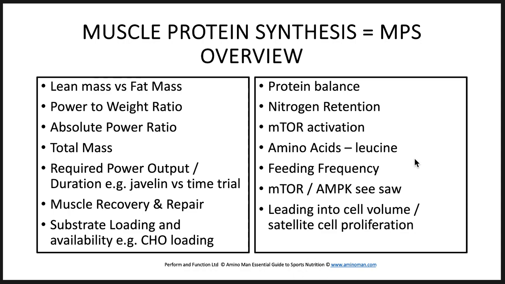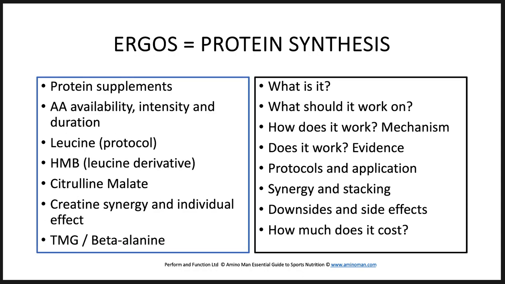And then we're going to be thinking about total protein intake, nitrogen retention based amino acid supplementation, the right kind of aminos for mTOR activation, i.e. leucine, feeding frequency, and then the mTOR, AMPK, and opportunities to fast, really. And then in terms of ergogenics, well, what have we got at our disposal?